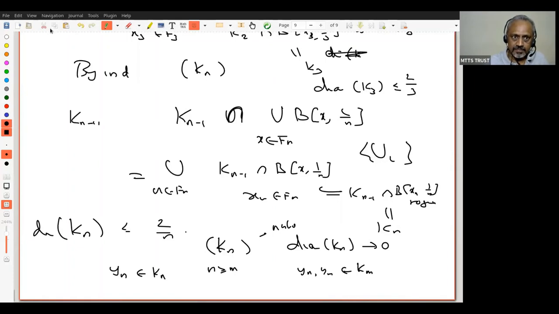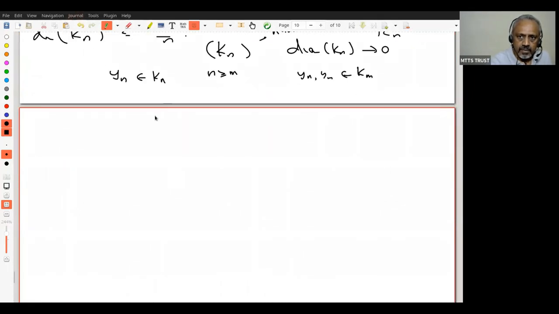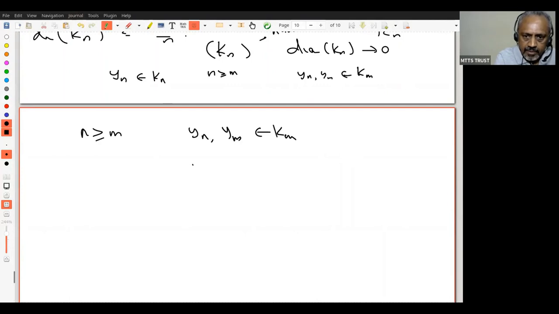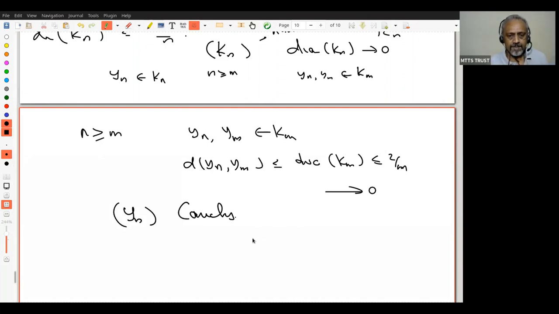Do you follow that? Therefore, if n is greater than or equal to m, yn and ym both are in Km, so the distance between yn and ym will be less than or equal to the diameter of Km, which is less than or equal to 2 by m. That goes to 0 as m goes to infinity. You understand? Therefore, yn is Cauchy.